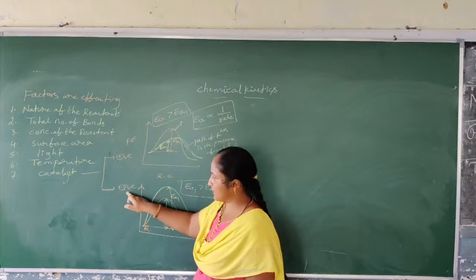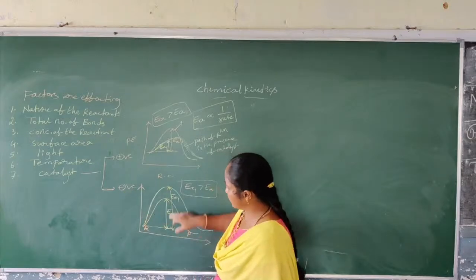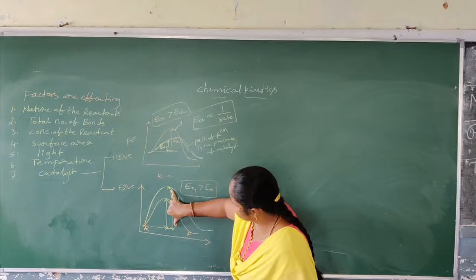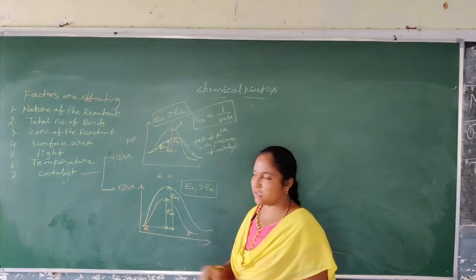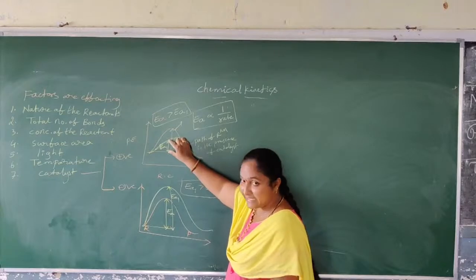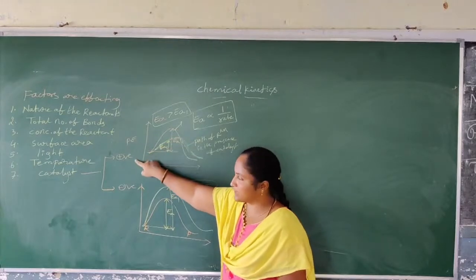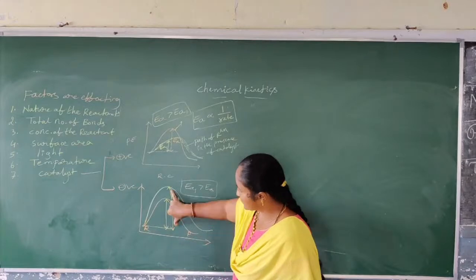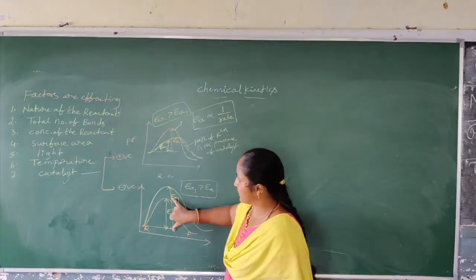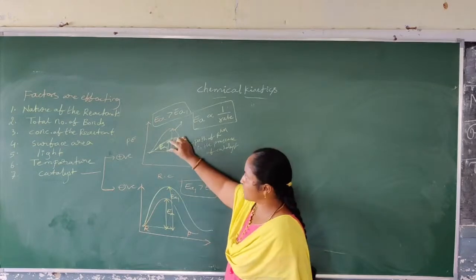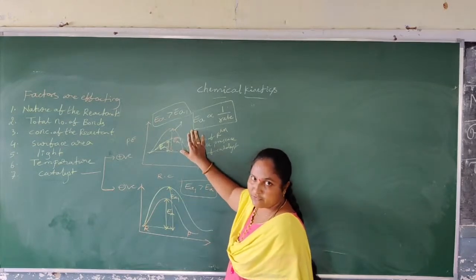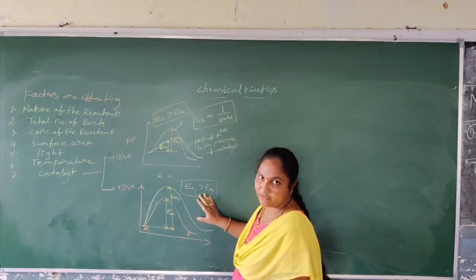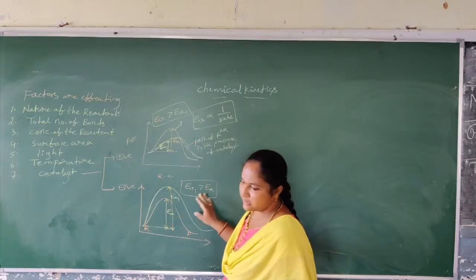If we use the negative catalyst, activation energy increases and rate of reaction decreases. Activation energy is less, rate of reaction is more. Activation energy is more, rate of reaction is less. That's it. Thank you.